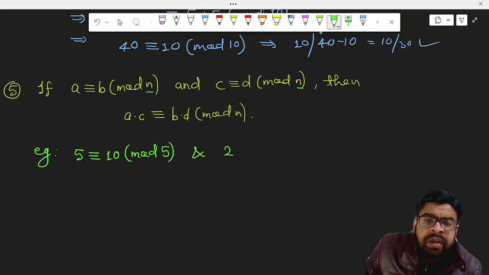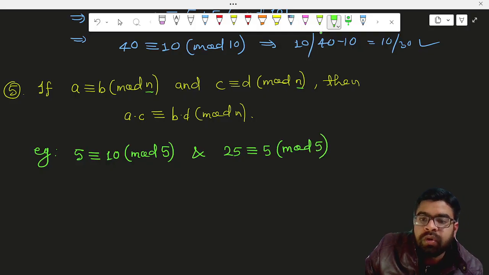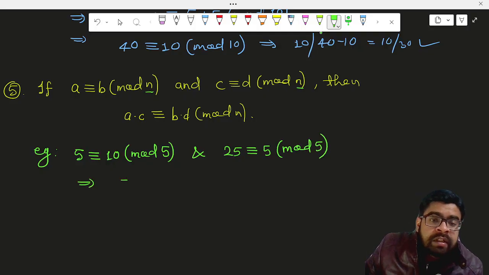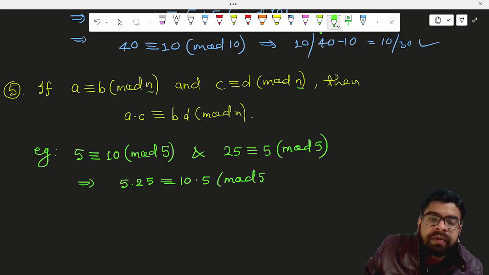So I can write 25 modulo 5, yes, 25 congruent to 5 modulo 5. Then see, is it true or not? 5 into 25 congruent to 10 into 5 modulo 5.